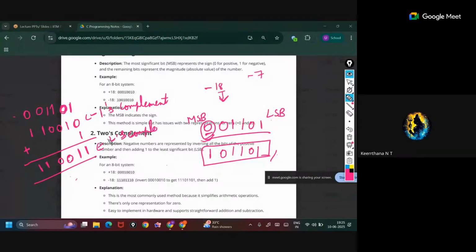Ma'am, can you explain the negative numbers again? Yes. For a negative number, either you can just change the MSB to 1, that is one thing. Otherwise, you can take the 2's complement to represent a negative number. 2's complement is nothing but first you have the given number. The given number has to be taken 1's complement, which means invert all the digits. If it is 0, convert it to 1, and 1 to 0. Yes, ma'am, I understand.